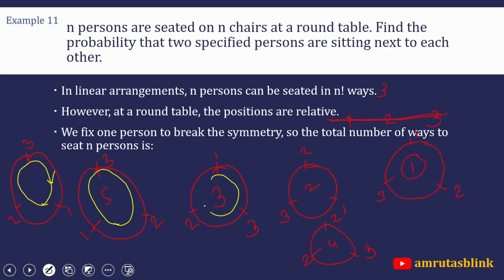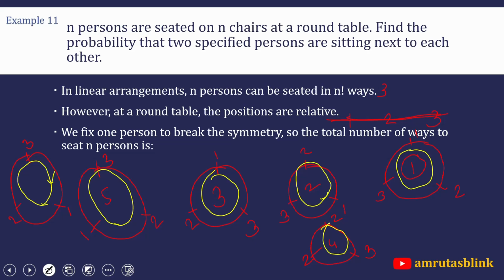Now here also this is clockwise 1, 3, 2. Here also this is 1, 3, 2. Here it is 1, 2, 3. And here it is 1, 2, 3. So if you observe in case of circular arrangement, somehow we are finding repetitive arrangement in all 6 different cases.